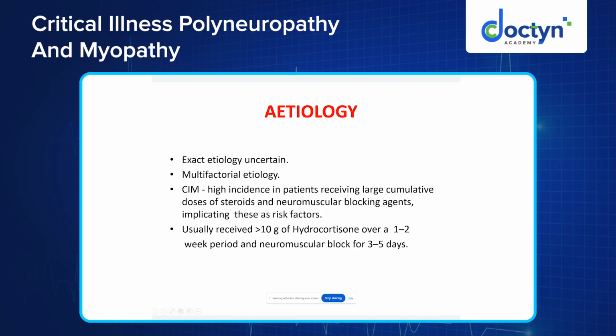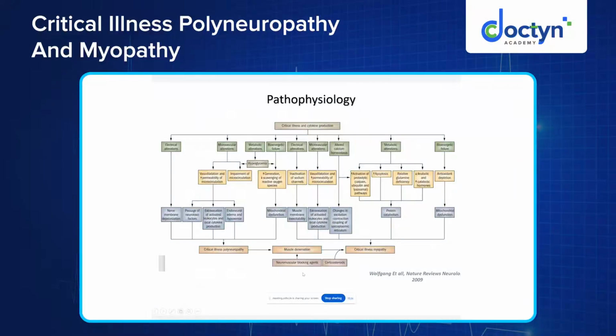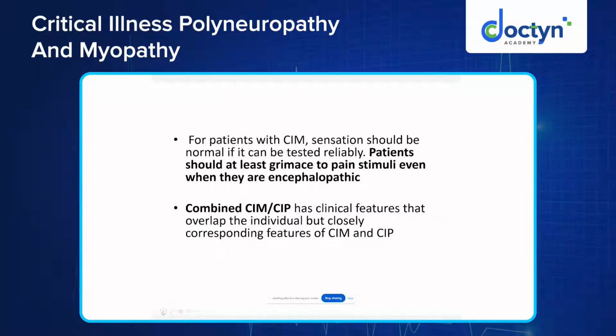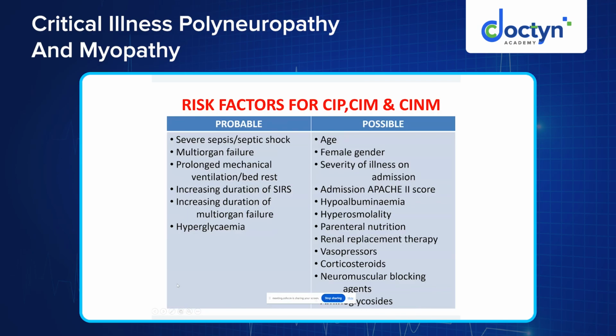Going back to the pathophysiology slide, you can see how high doses of steroids and neuromuscular blocking agents trigger muscle denervation and lead to critical illness myopathy. Usually patients received greater than 10 gram of hydrocortisone over a 1 to 2 week period, and neuromuscular block for 3 to 5 days is recognized as an important risk factor.